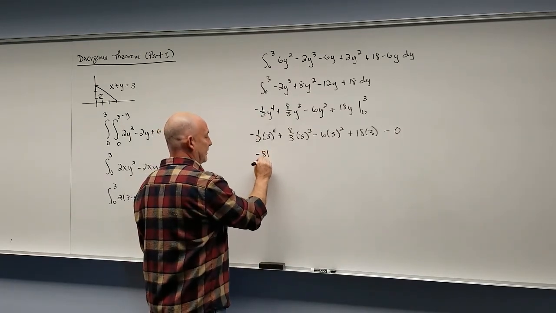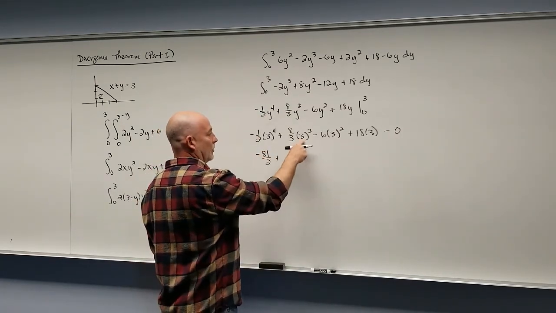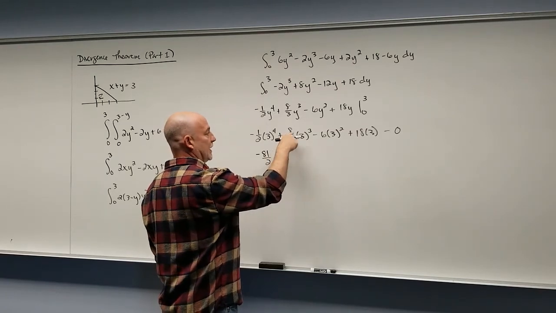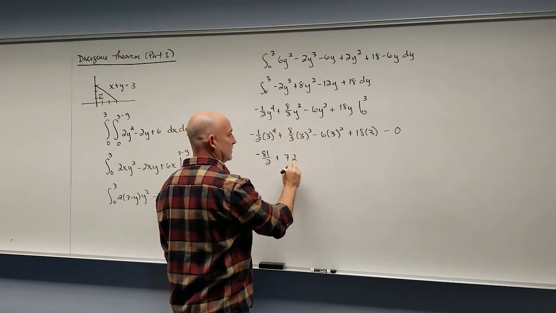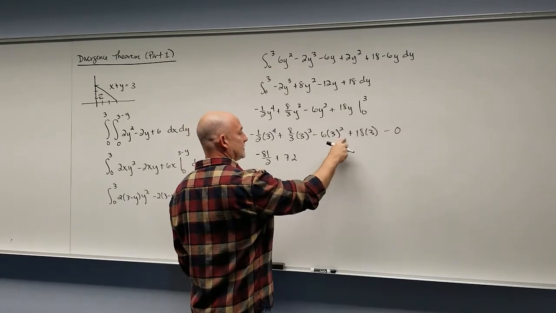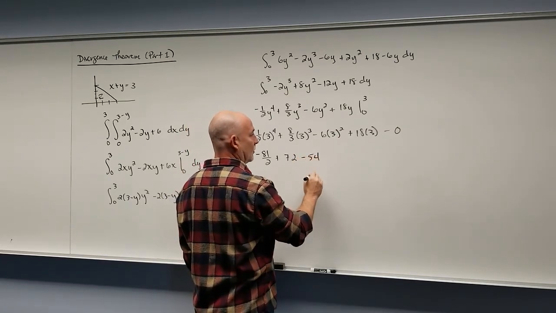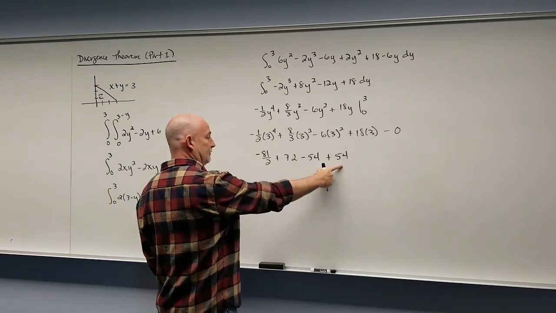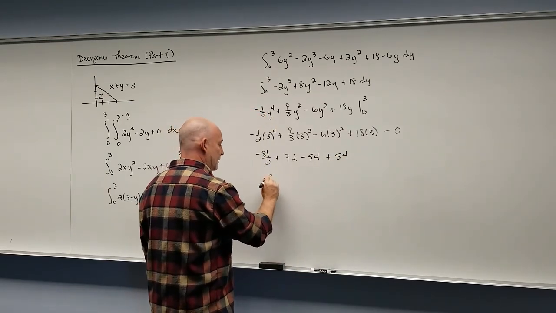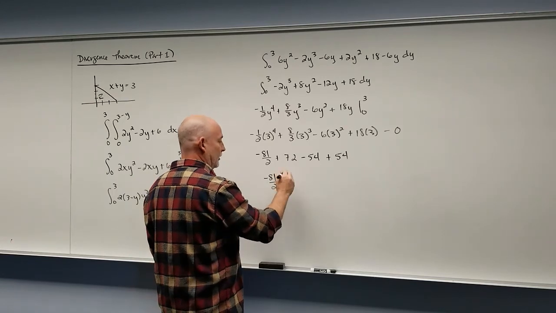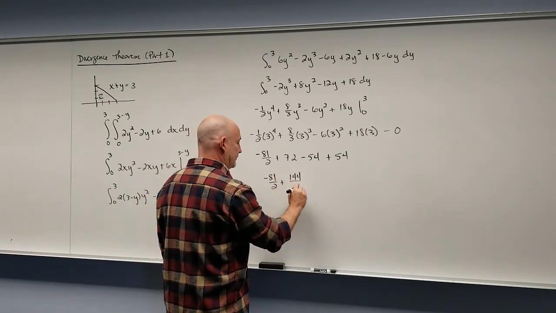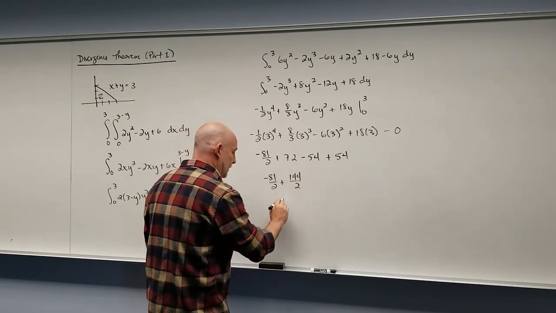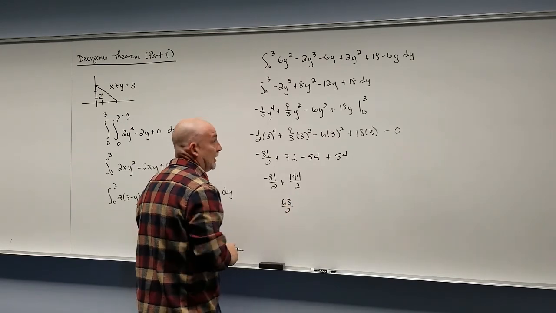So this is negative 81/2 plus, one of the 3's cancel here, so that's 8 times 9, which is 72. This is 6 times 9, which is 54, and 3 18s is also 54. Our 54's cancel, we need a common denominator, so this is negative 81/2 plus 144/2, which, yep, that is 63/2.